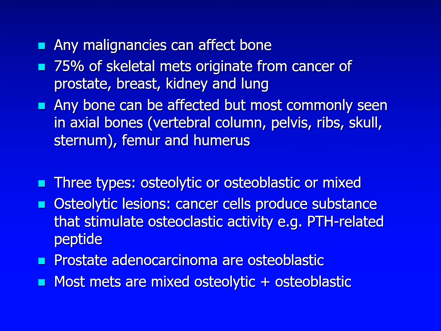Osteolytic lesions occur when cancer cells produce substances that stimulate osteoclastic activity, such as PTH-related peptide. Prostate adenocarcinoma are osteoblastic, and most metastases are a mixture of osteolytic and osteoblastic pattern.